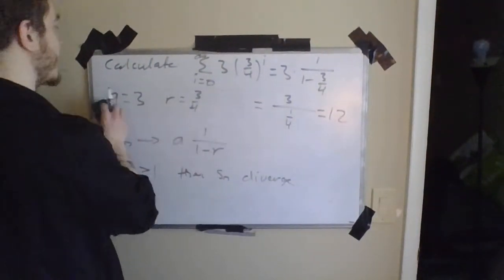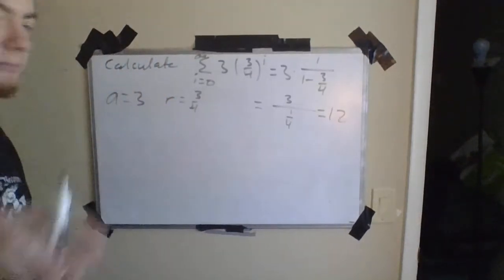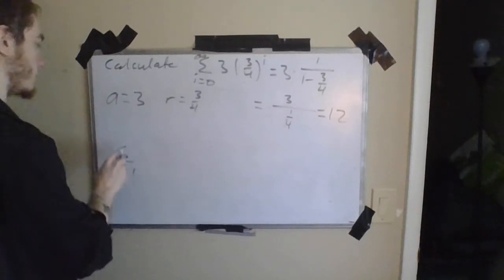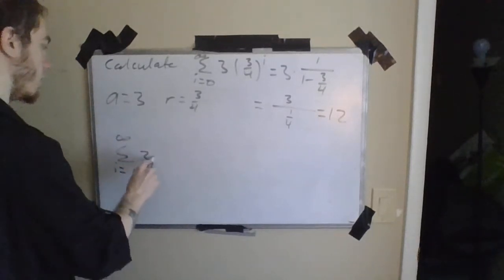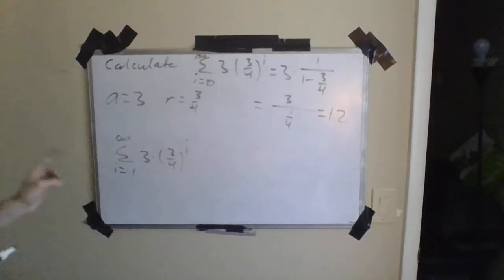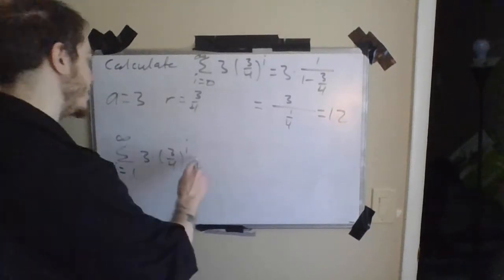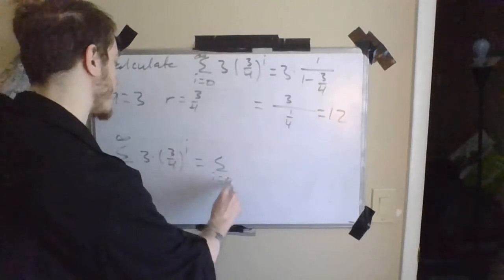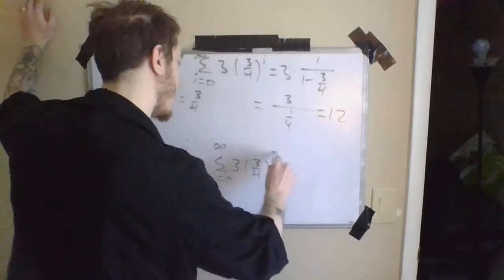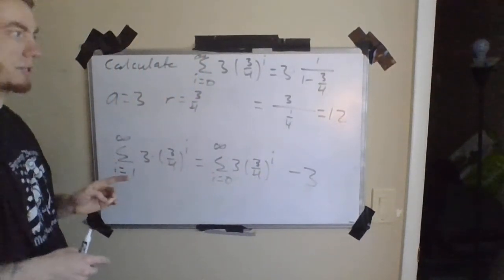Let's say that instead I had wanted to calculate the sum from i equals 1 up to infinity of 3 times (3/4)^i. Well, to figure that out, I would say this is equal to the sum from i equals 0 to infinity of 3 times (3/4)^i, minus that 3 from when i is equal to 0.